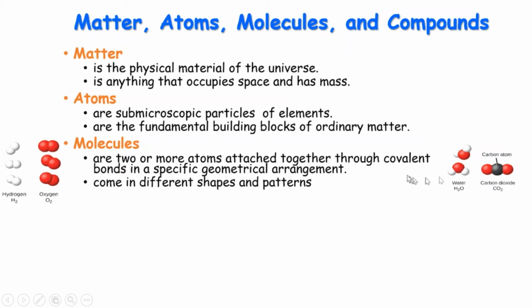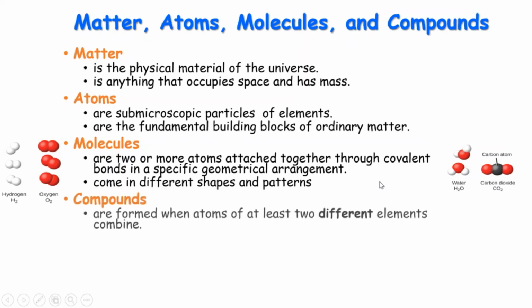It is bent. So we'll learn more about that in the future. Compounds are formed when atoms of at least two different elements combine. Here we have two different elements, so those are also compounds.